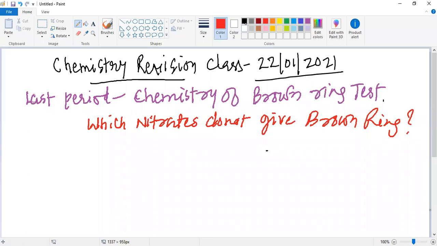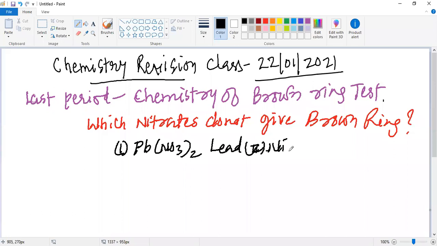This is what we should even know, that there are some nitrates which do not give this brown ring, and these nitrates are: number one, lead nitrate, Pb(NO3)2. Second one is barium nitrate.